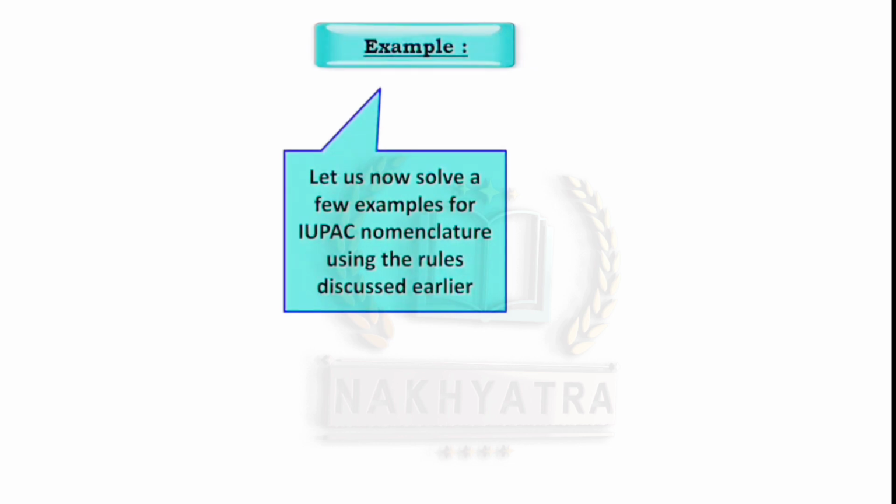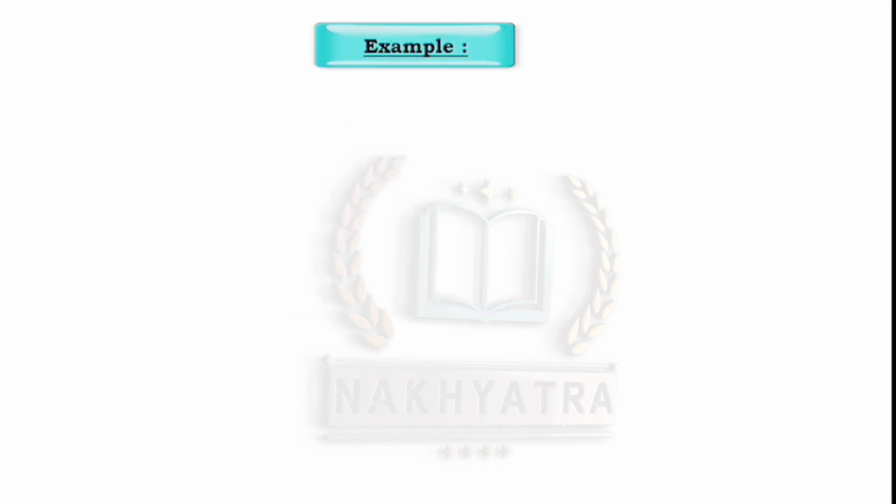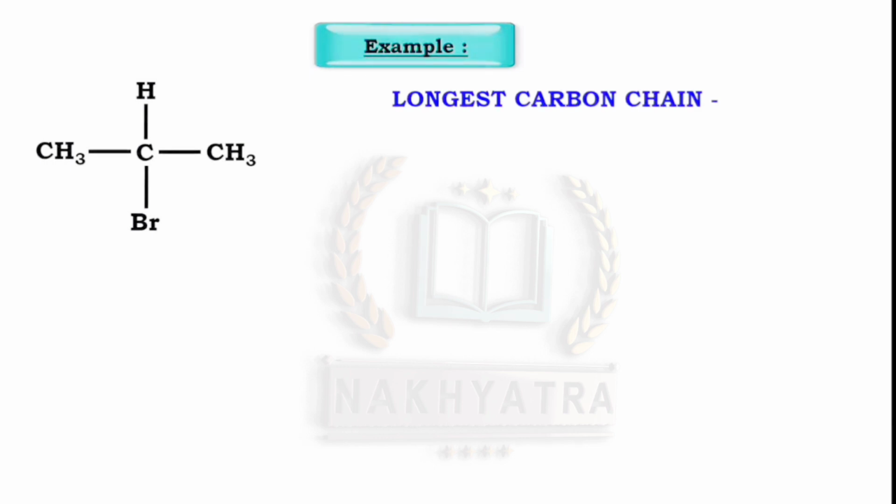Let us now solve a few examples for IUPAC nomenclature using the rules discussed earlier. Here the longest carbon chain has 3 carbon atoms, and the parent alkane is propane.